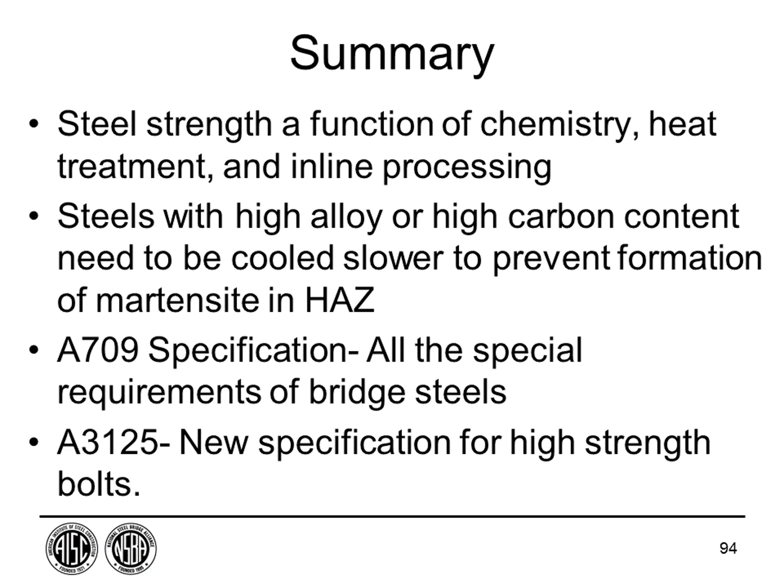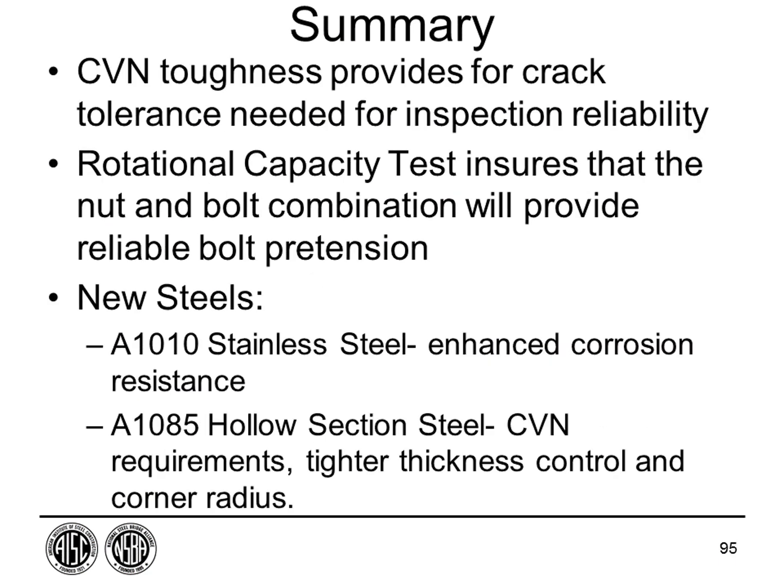We have this new bolt spec, A3125, which has a new specification for bolts and contains all the special requirements, such as the rotational capacity test. We have these CVN requirements for the bridge steels for the members in tension, and then they have different requirements for just tension and fracture critical, and it's up to you as a designer to specify.